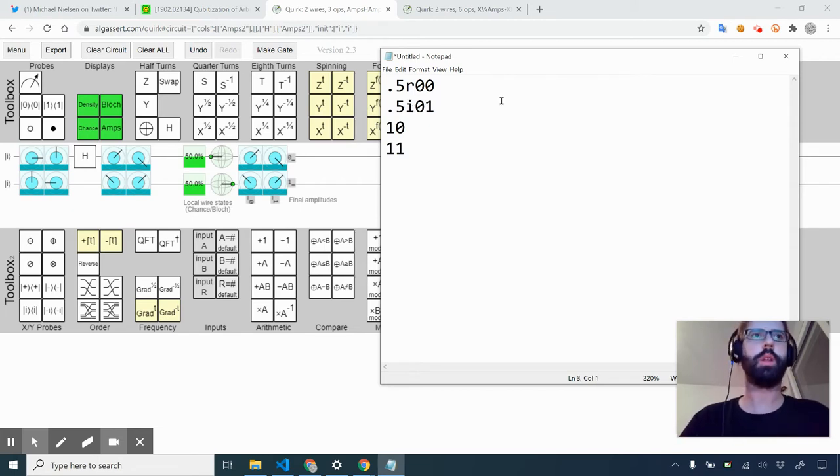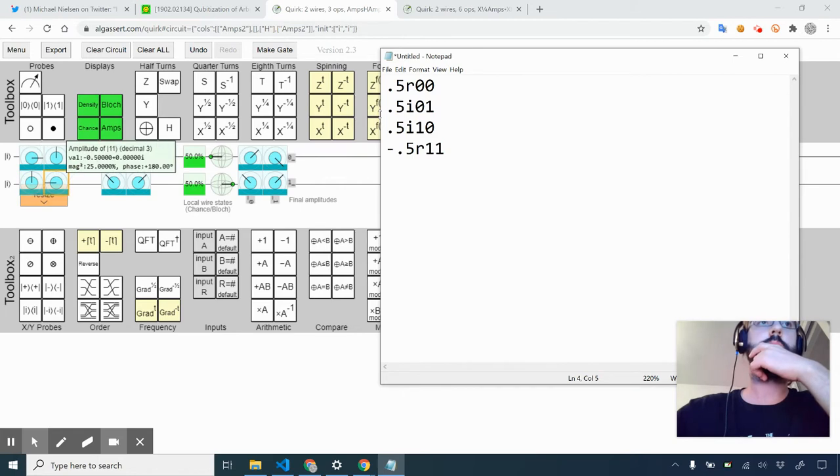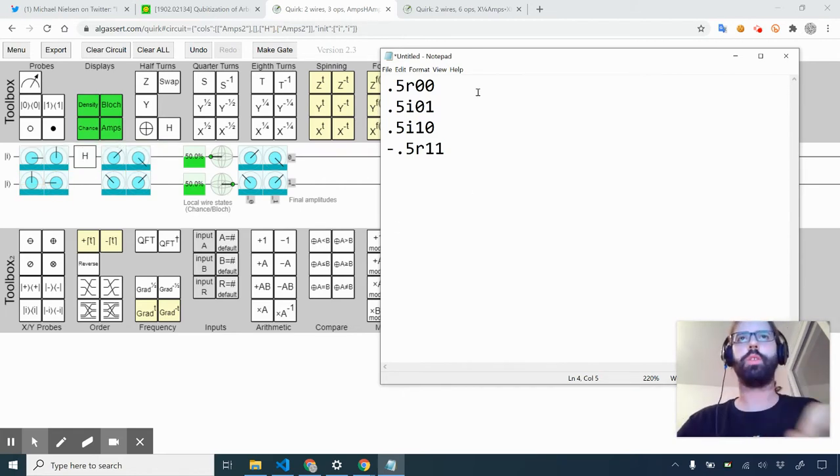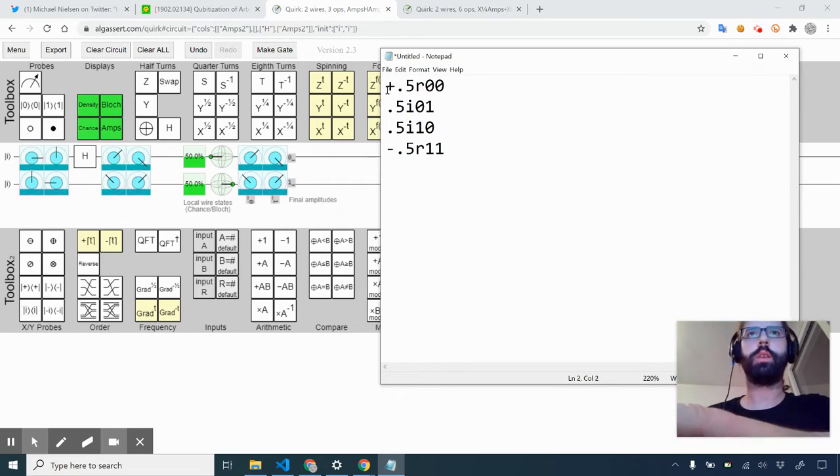That was imaginary, and this is also imaginary, and this was minus 0.5, real. Yeah. Okay. Just to keep things aligned, I'll keep the pluses in here.